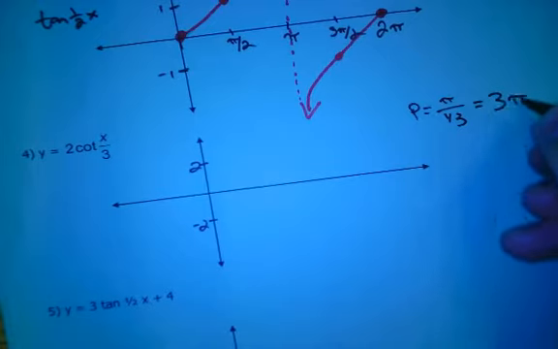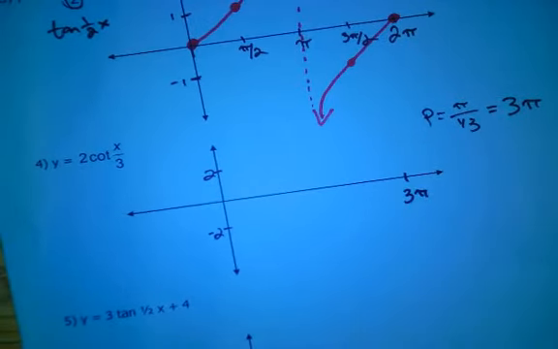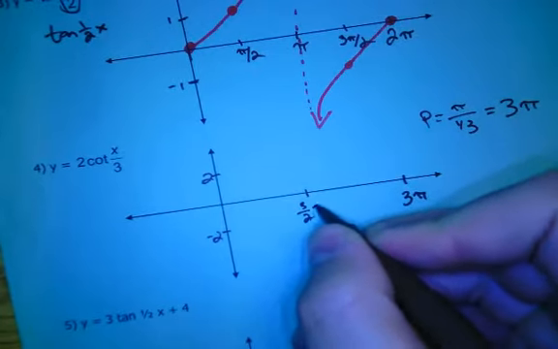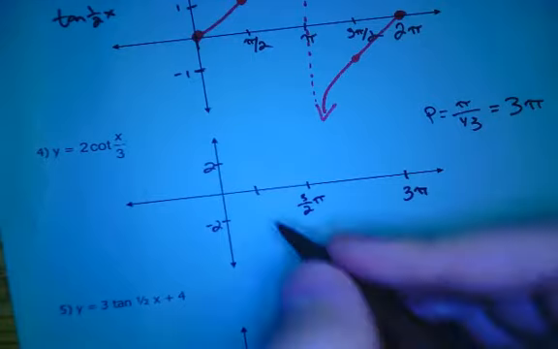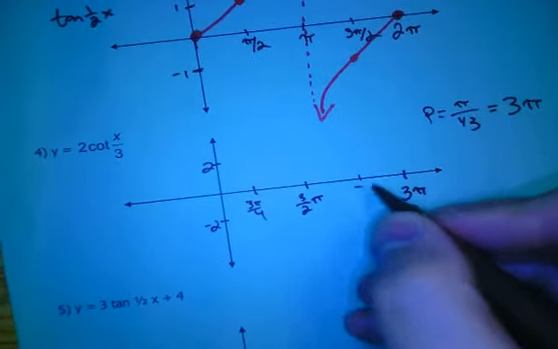So I'm going to get 3 pi. So I'm going to mark off 3 pi. What's smack dab between 0 and 3 pi? 3 halves pi, or 3 pi over 2. What's in between that? 3 pi over 4. And then 5 pi over 4.